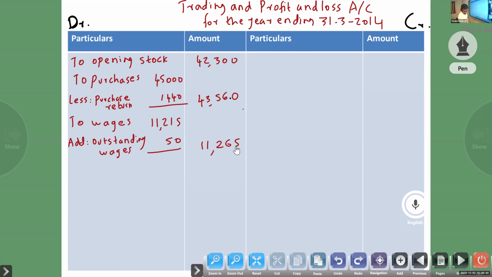Next, carriage. It is given, no adjustment related to carriage. So carriage 2,700. Next, any item? Yes, octroi for investment, octroi 530. Any adjustment? No, 530.